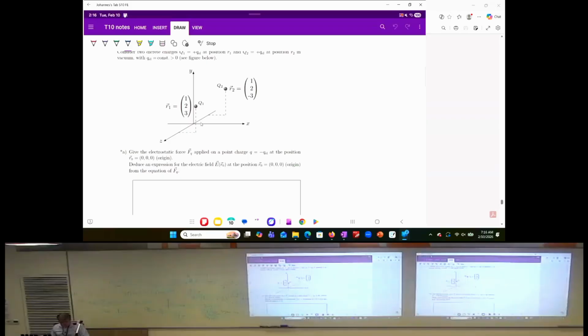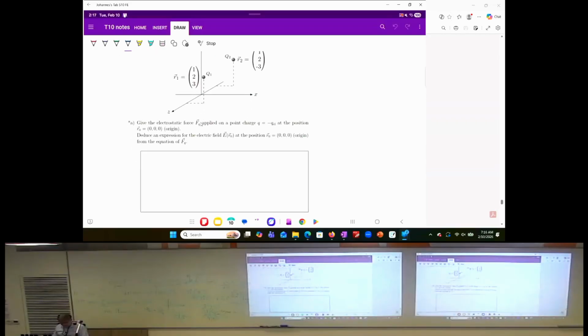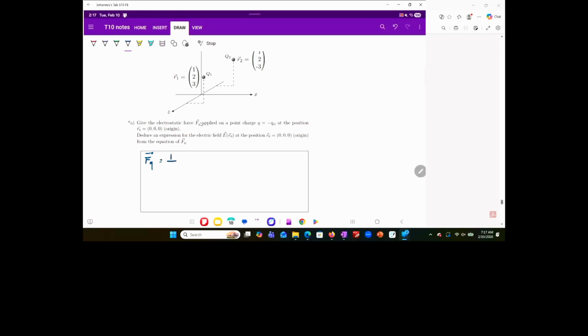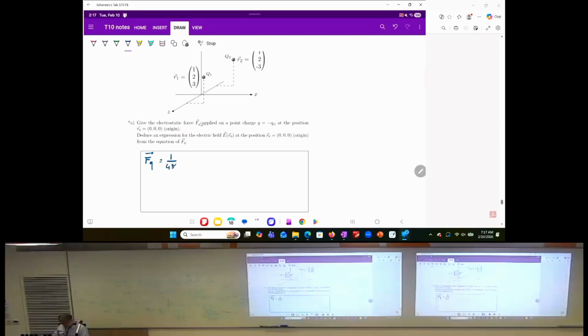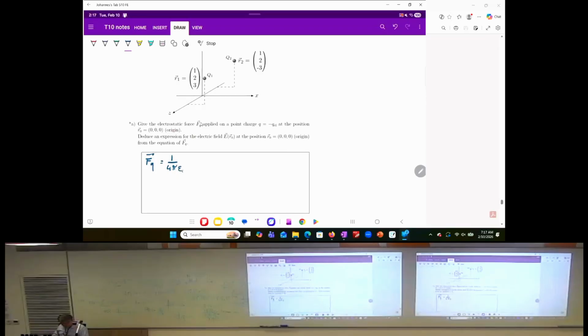And we want to obtain an expression then also for the E field. So first we want to have the force, and the force on this small charge Q you obtain by using Coulomb's law. And you can use the superposition. That means you have 1 over 4 pi epsilon naught times Q, that is the charge in the origin.